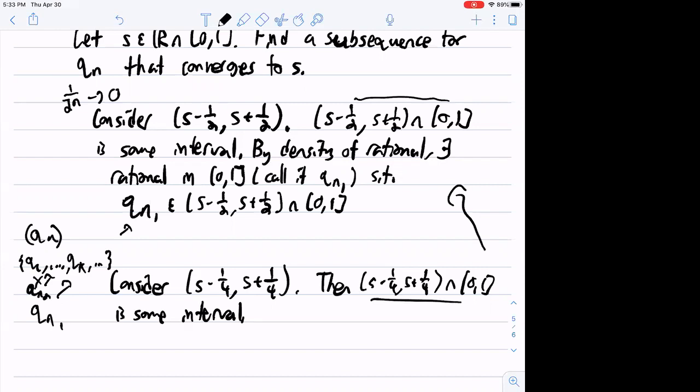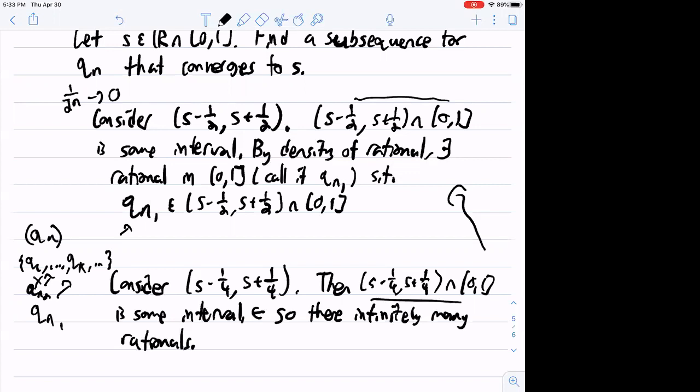But this problem can be fixed because what you basically say is, let me just write it like this. So this is some interval. There are infinitely many rationals. Hopefully you proved that, right?